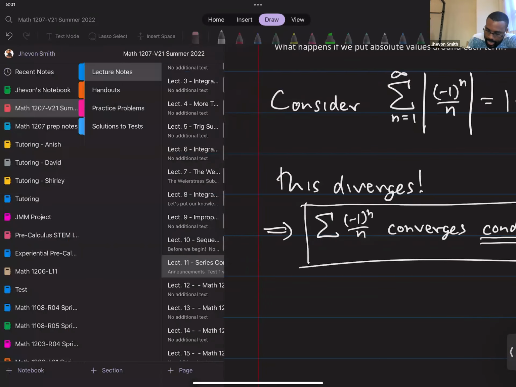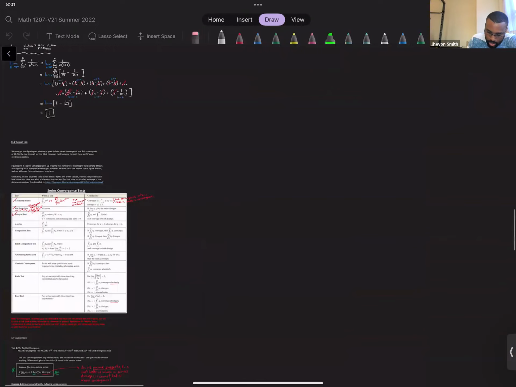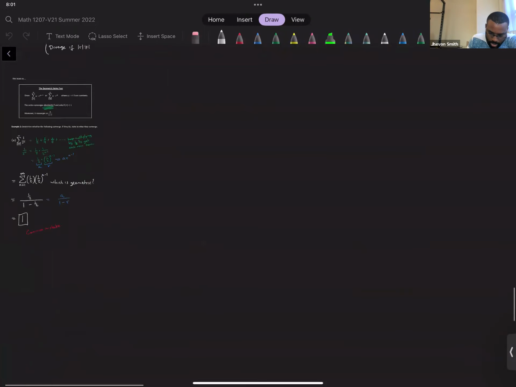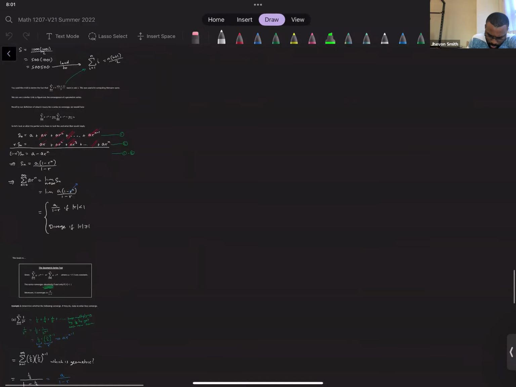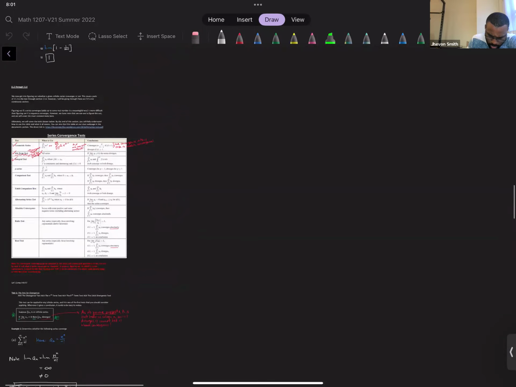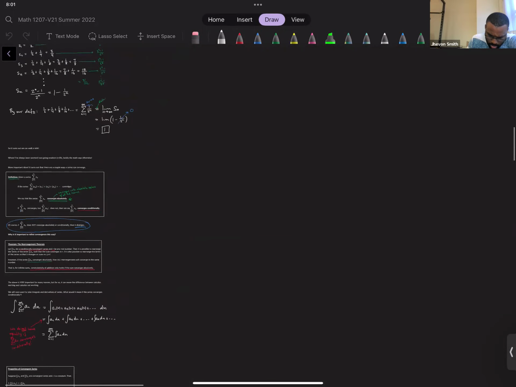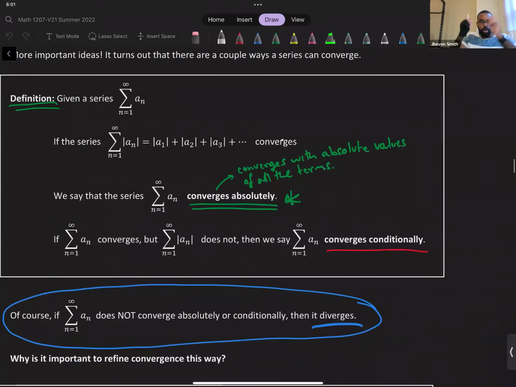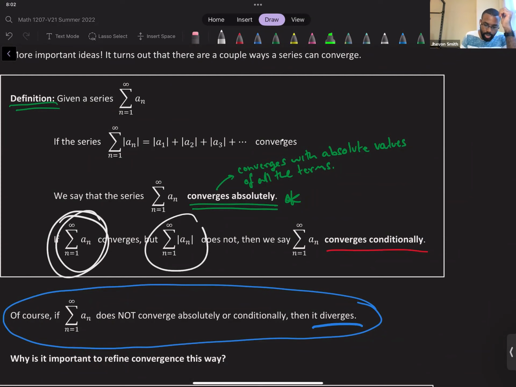Right, so last time I gave you a definition about the different kinds of convergence. I mentioned if you have a series and you put absolute values around it and it still converges, you can say the thing converges absolutely. If the original series converges, but the absolute value series doesn't, then you say it converges conditionally.